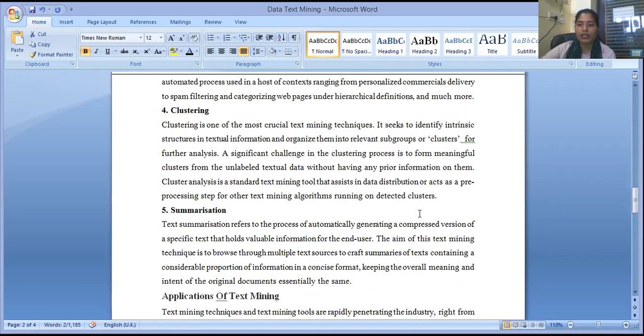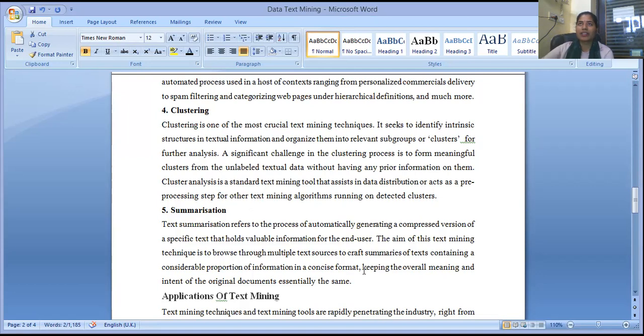Now comes the next point, that is clustering. Clustering is one of the most crucial text mining techniques. It seeks to identify the intrinsic structures in the textual information and organize them into relevant subgroups or clusters for further analysis.